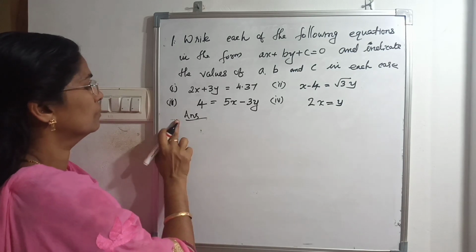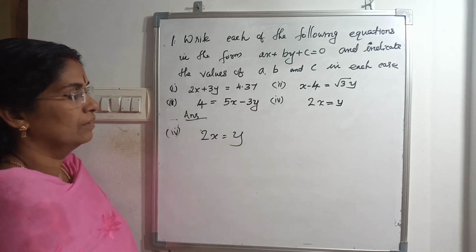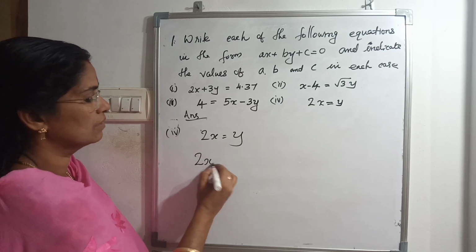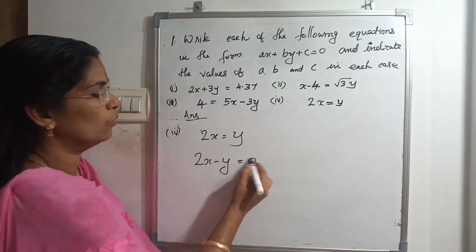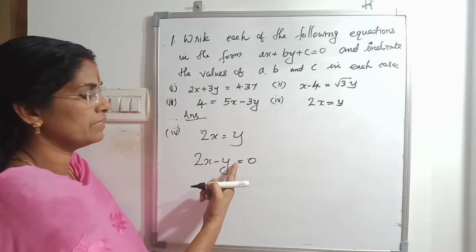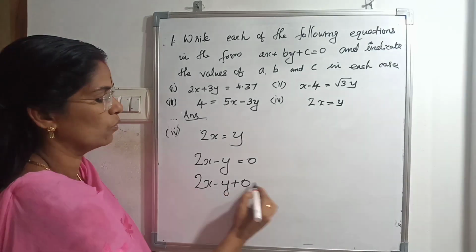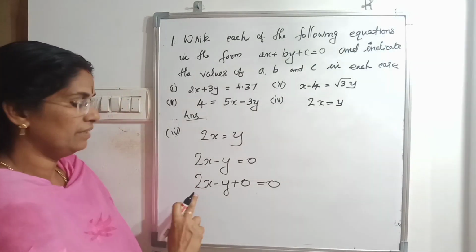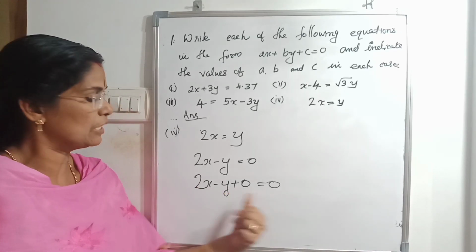Question number 4. That is 2x equal to y. Okay, 2x minus y, here we are writing equal to 0. But constant term is not there. We can add the constant term as 0. Then it is in the general form ax plus by plus c equal to 0.